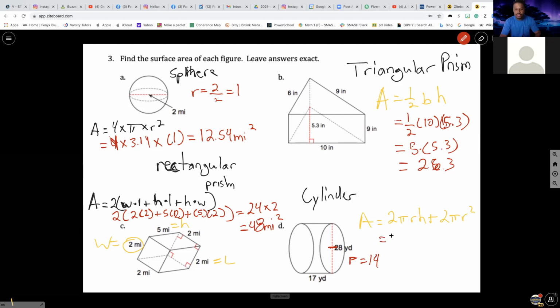So you just plug in the equation. 2 pi times 14 times 17 plus 2 pi times 14 squared. All right, so what is 2 pi times 14 times 17? Go ahead and put that in the calculator for me. 2 times 3.14 times 14 times 17.